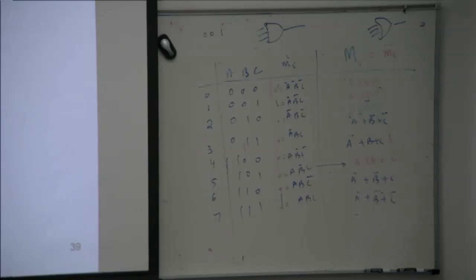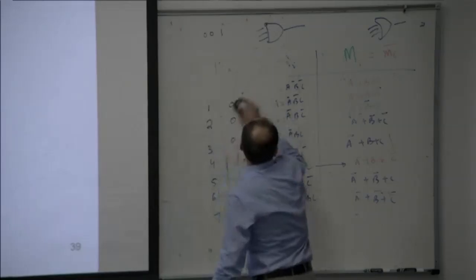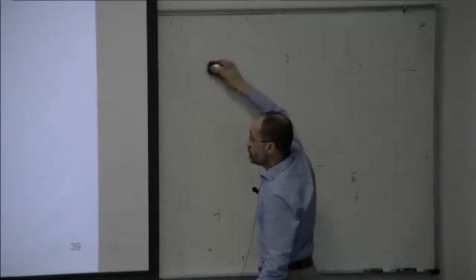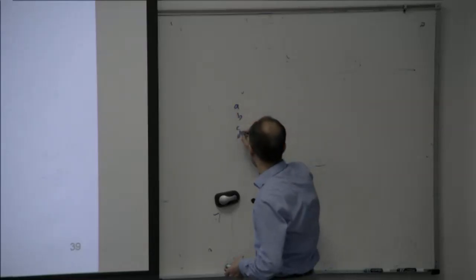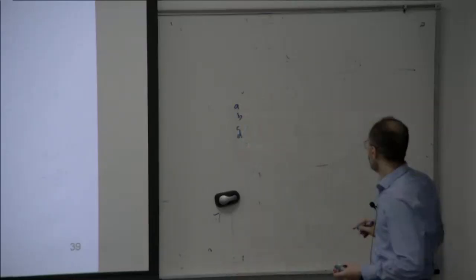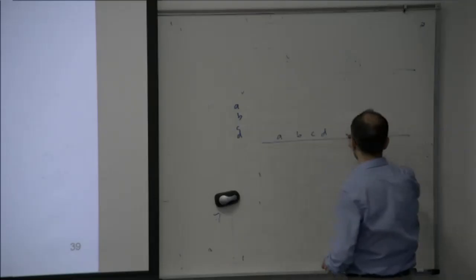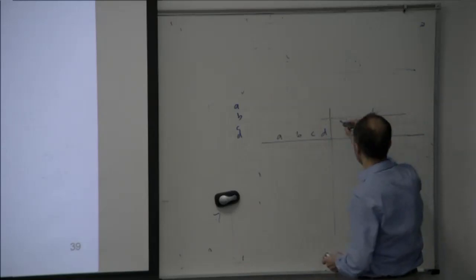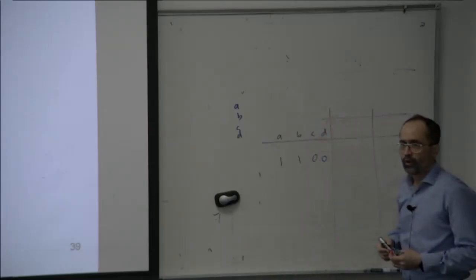If you look at the pattern here, now we have a pattern. Should I rub this off? Where is the duster? Let's assume we have a function of A, B, C, and D. Now let's assume 1, 1, 0, 0.